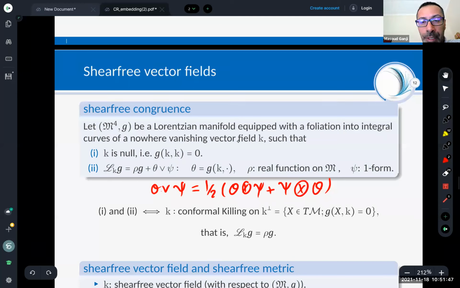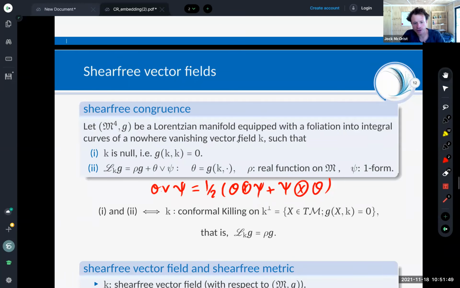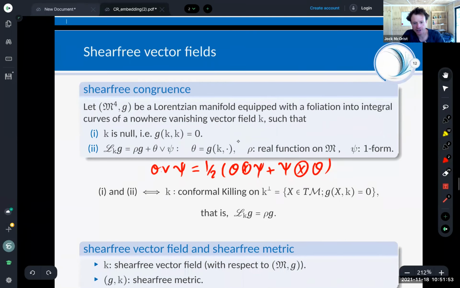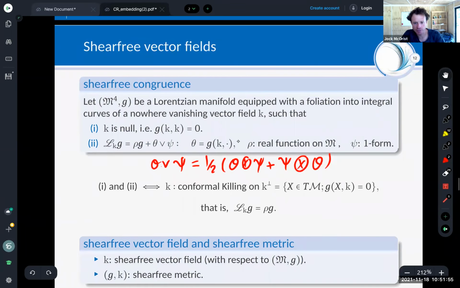So should that be the Lie derivative with respect to K of G being proportional to G? Is that G restricted to K perp? No, in this case, no. Well, I mean the equation you got, the Lie derivative along K of G is rho G. No, actually.